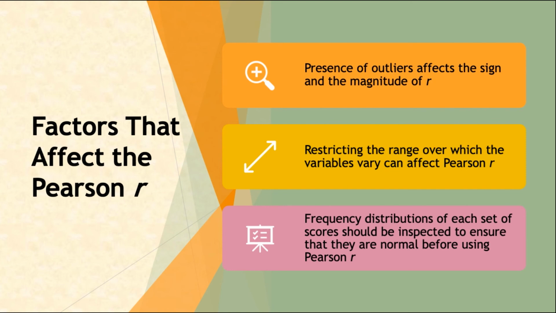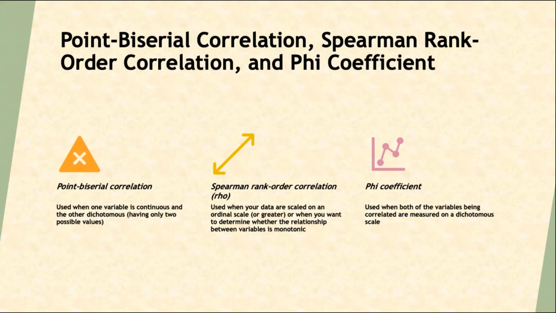You may need to correlate variables when one or both of them is not measured along a continuous scale. Specific correlation coefficients are designed for those purposes, three of which will be discussed in coming slides. The first one is the point biserial correlation.